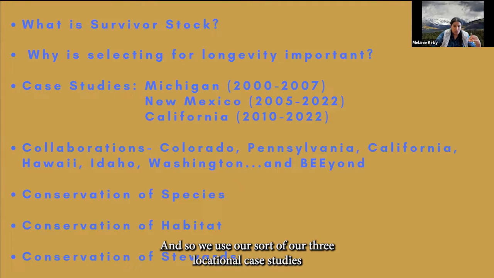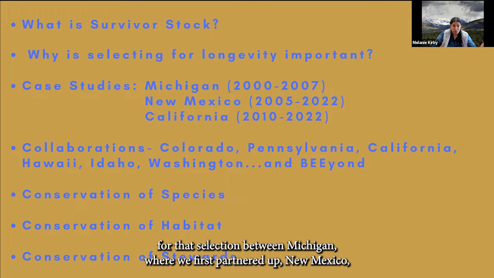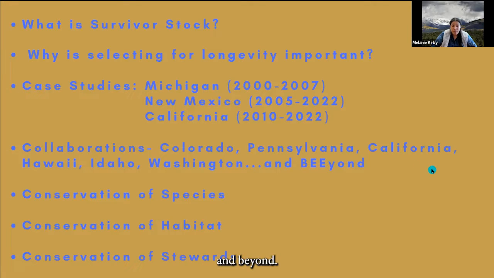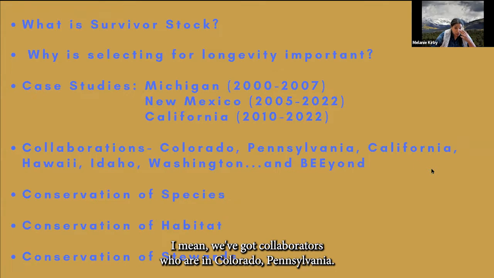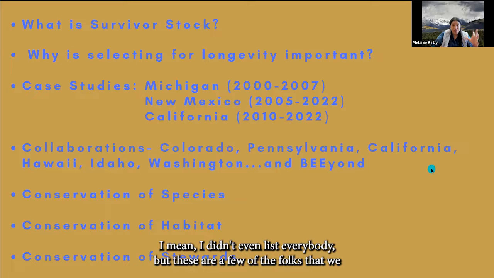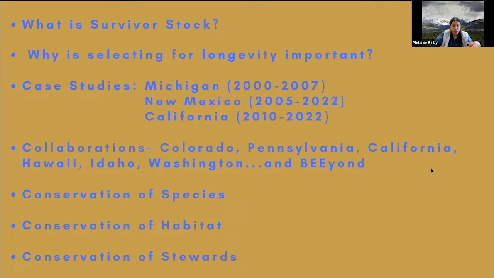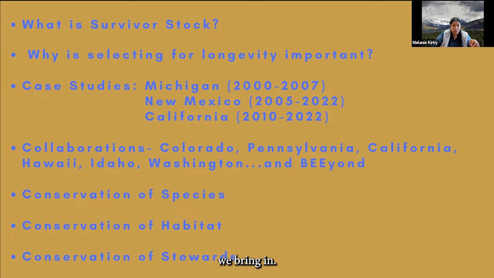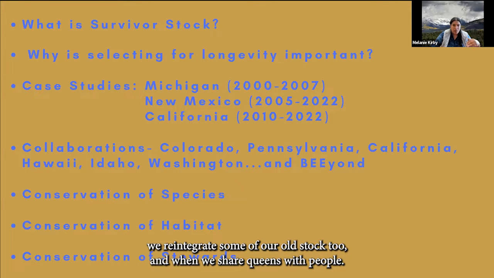We use our 3 locational case studies for that selection: Michigan, where we first partnered up, New Mexico, where we're based, and our collaborations in California. And beyond. We've got collaborators in Colorado and Pennsylvania. I didn't even list everybody. We still integrate some outside stock, but we're really mindful about what stock we bring in, and we also reintegrate some of our old stock.